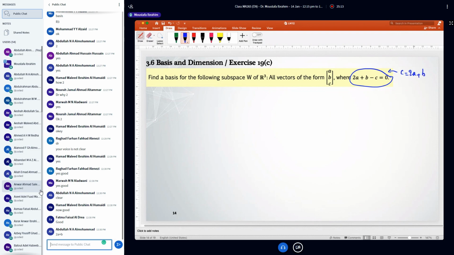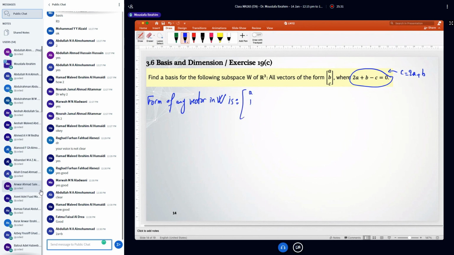So what's the form of any vector in W? Instead of c, put 2a plus b. So (a, b, 2a plus b), correct?